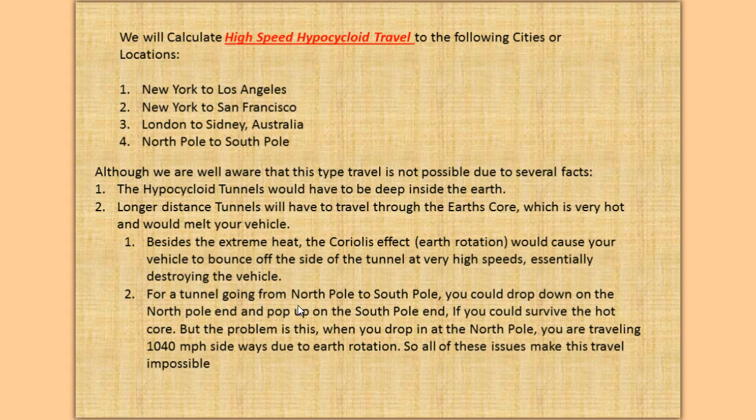For a tunnel going from North Pole to South Pole, you would drop down on the North Pole end and pop up on the South Pole end, if you could survive the hot core. But the problem with this is, when you drop in at the North Pole, you are traveling 1,040 miles per hour sideways due to Earth's rotation. So all of these issues make this travel impossible.